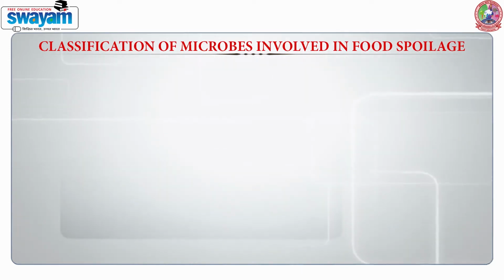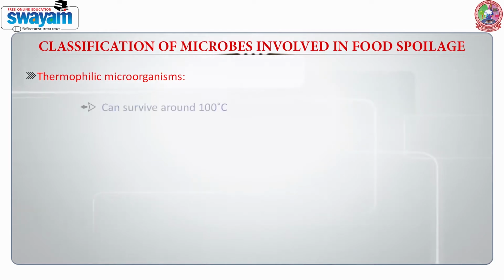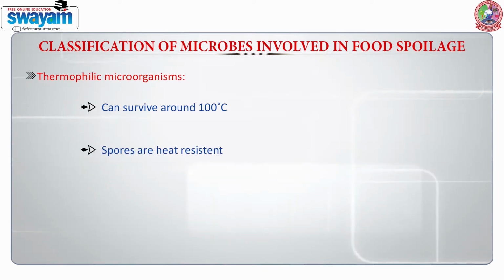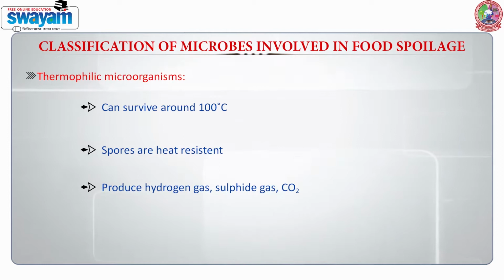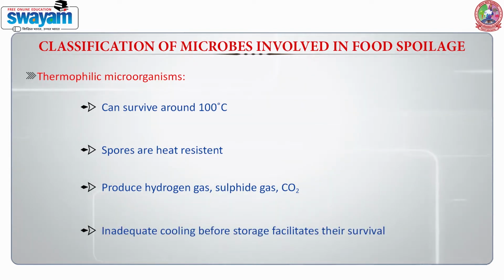Depending on their temperature preferences, these may be thermophilic microorganisms, that is the ones which can survive a temperature of 100 degrees Celsius, and they are often spore producing organisms, and as a result the spores are resistant to heat and are responsible to produce hydrogen gas, sulfide gas, carbon dioxide, and inadequate cooling before the storage facilitates their survival.